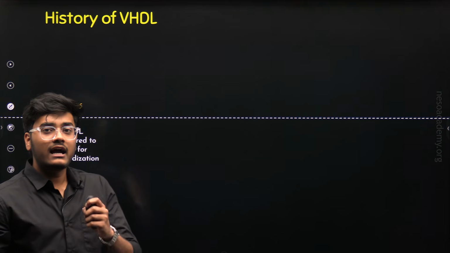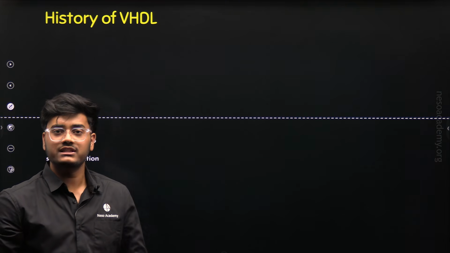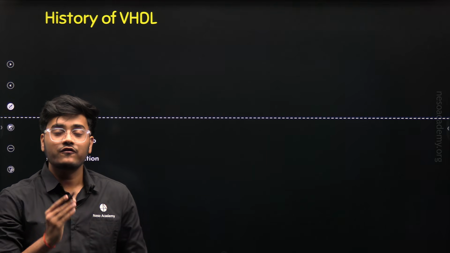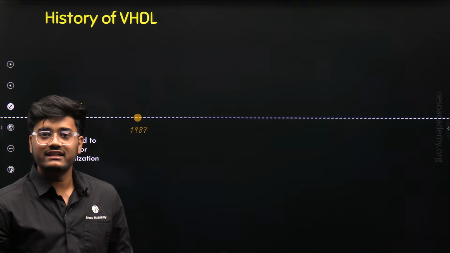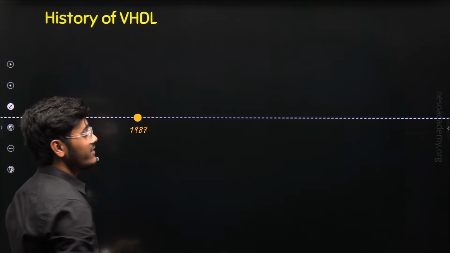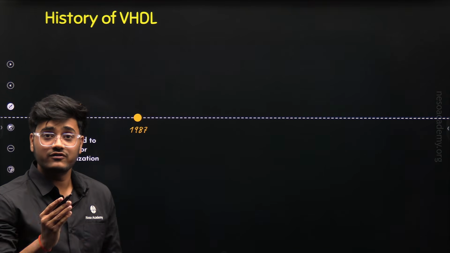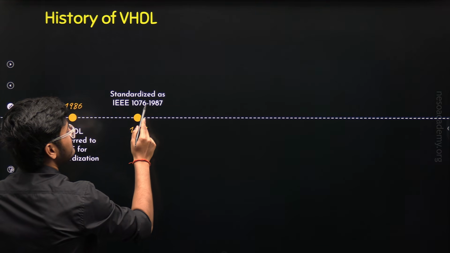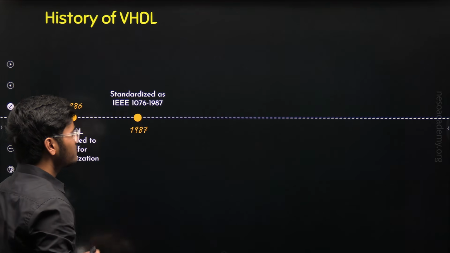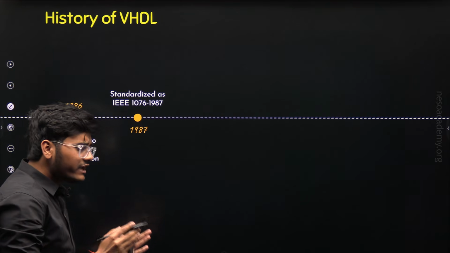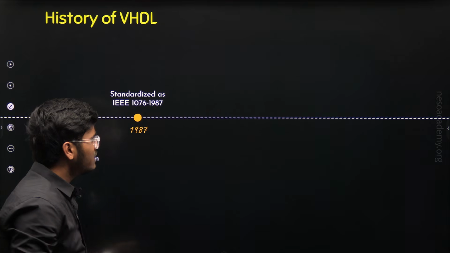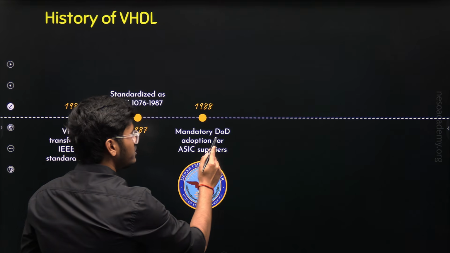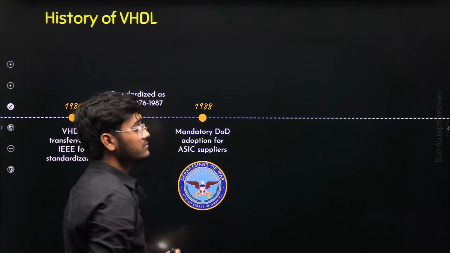After improvements and contributions from industry experts, universities, and government organizations, VHDL was officially standardized in 1987, after 1 year, and the version is known as IEEE 1076-1987.